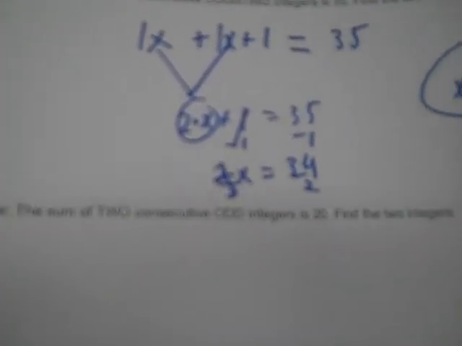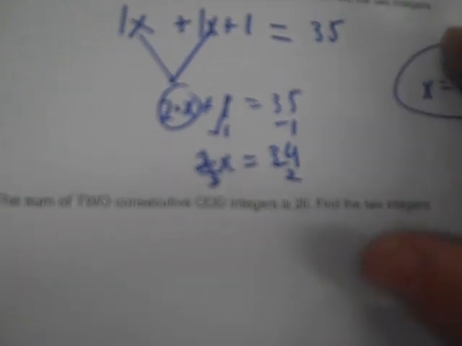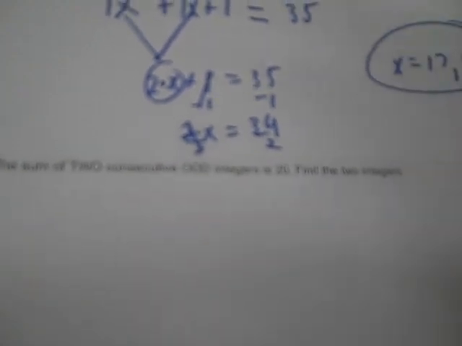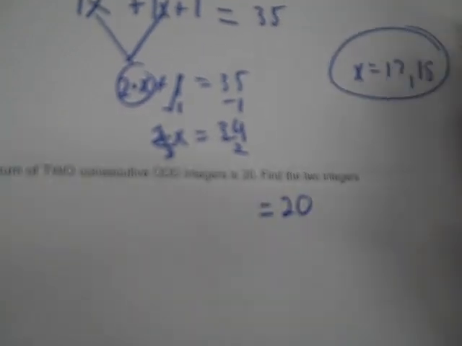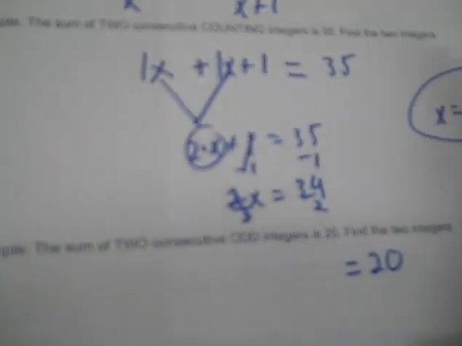Okay, the sum of two consecutive odd integers is 20. Find the two integers. So it equals 20. So again, the two consecutive odd integers this time. So I'm going to pick two odd integers. I'll pick, they got to be odd though. Let's go 1 and 3.